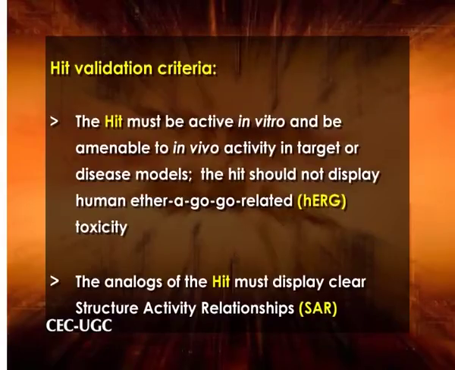The hit must be active in vitro and be amenable to in vivo activity in target or disease models. The hit should not display human ether-a-go-go related, that is HERG, toxicity. The analogues of the hit must display clear structure-activity relationships, that is SAR.